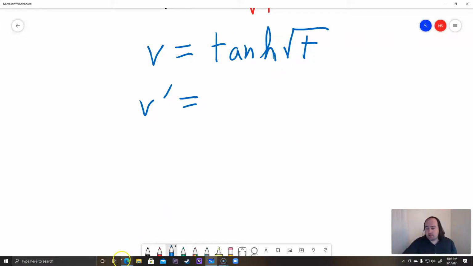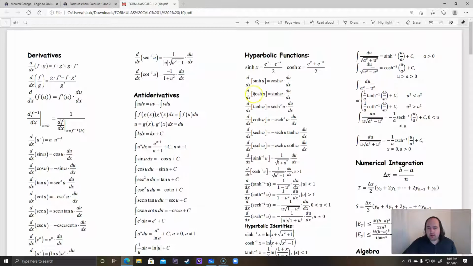Well, we go back to our formula sheet, the formulas from Calculus 1 and Calculus 2. We see the derivative of tanh of u is sech squared of u times du dx. So notice this one's actually the same as the standard trig functions, because remember the derivative of tangent is secant squared. So it should make sense that the derivative of tanh is sech squared.